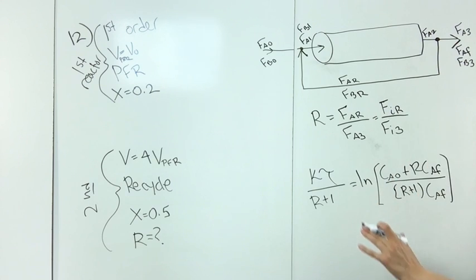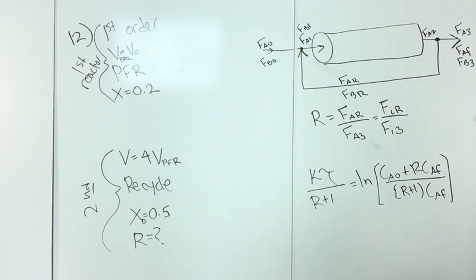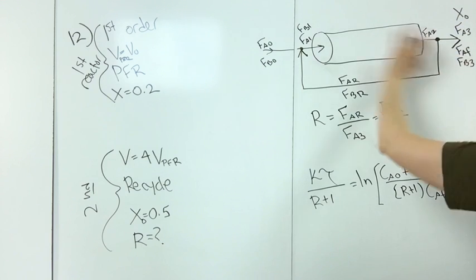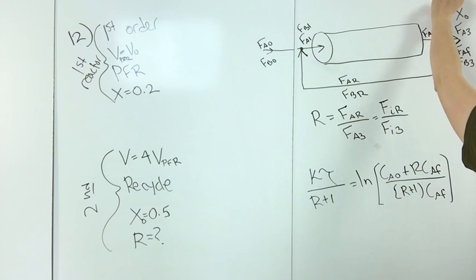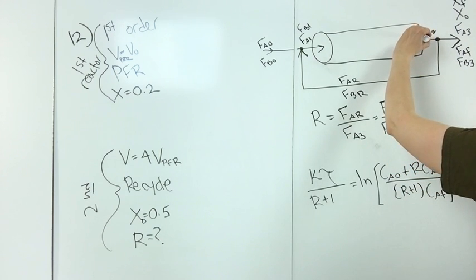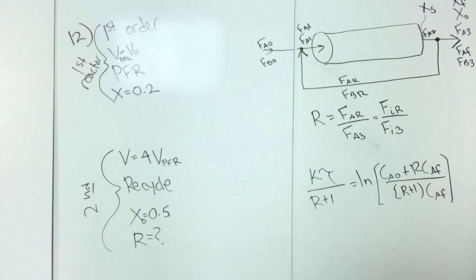So looking at the conversions, this conversion that's giving us X equals 0.5 in the recycle reactor is actually X naught. And X naught is the conversion out here, the conversion of everything. I think it's also called XF. And there's also a conversion here, which is XS.